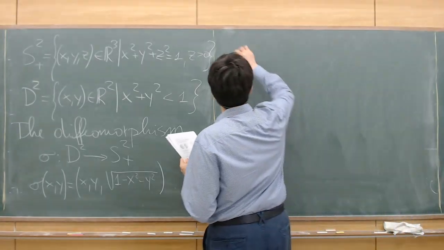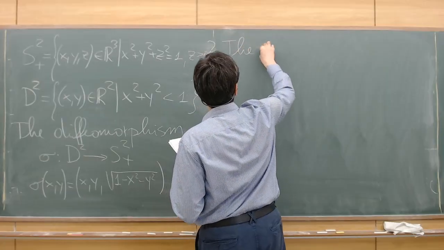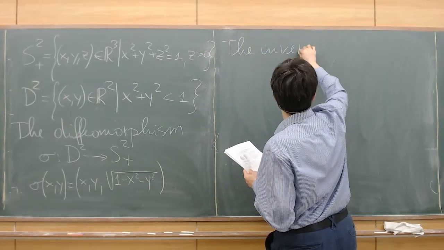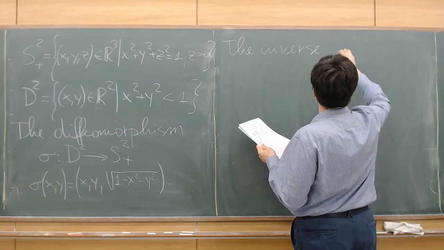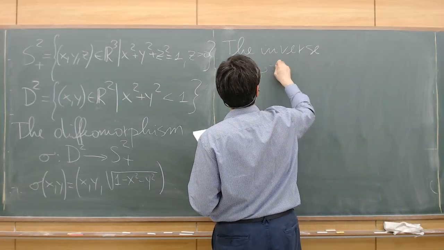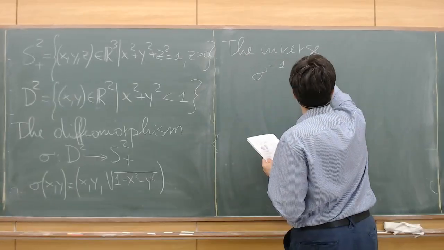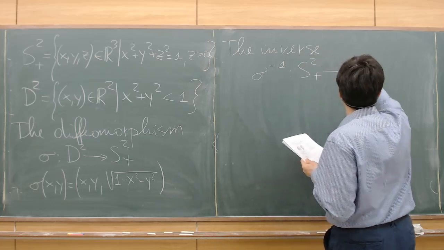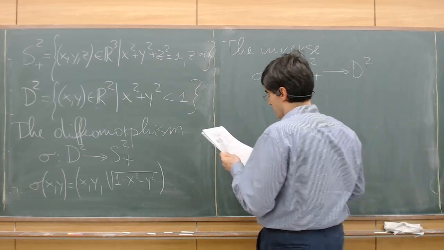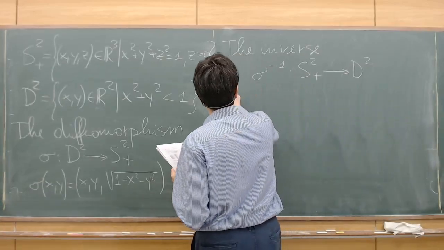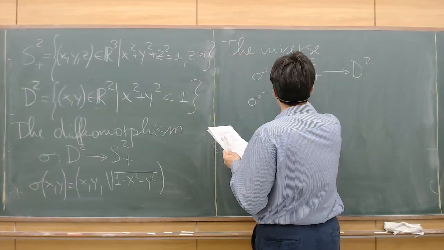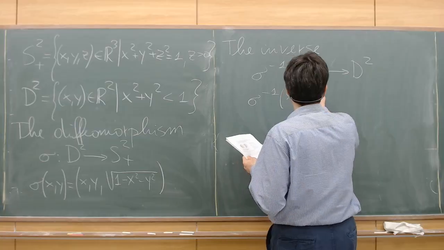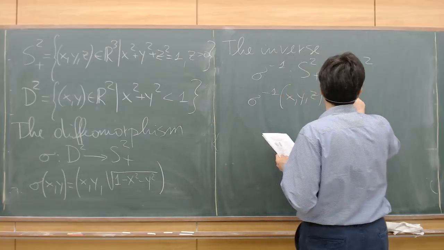The inverse sigma inverse from S2 plus with values in D2 is given by this formula, sigma inverse of x, y, z equal to x, y.